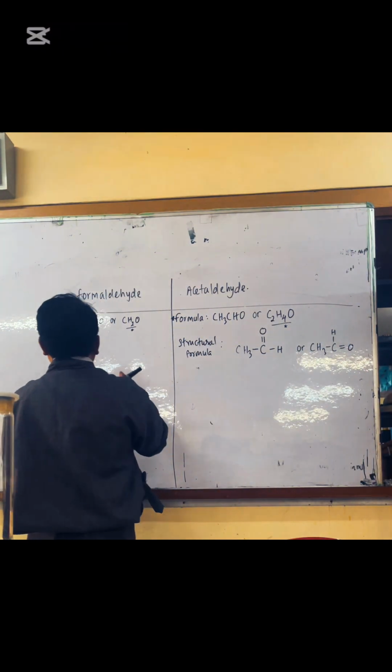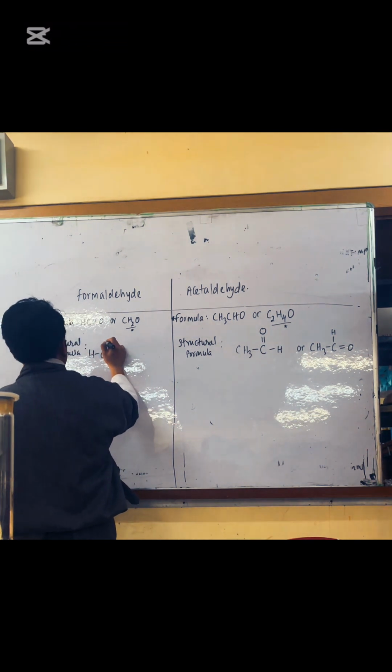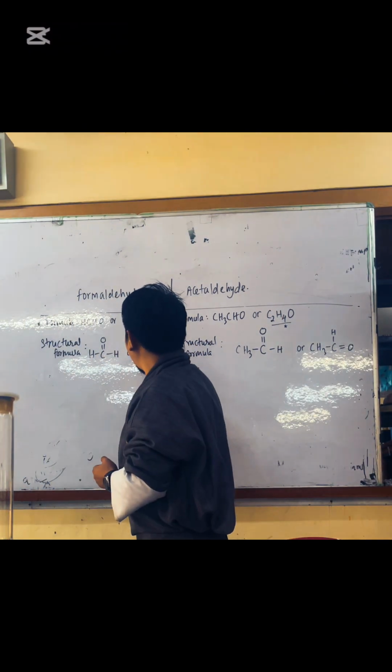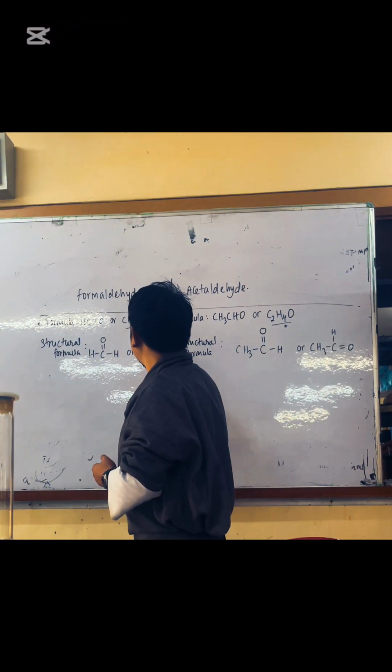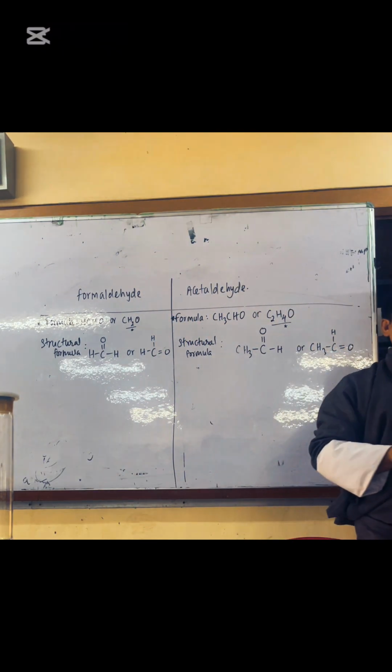Similarly, for formaldehyde, the formula is HCOH, same like this, or you can write H here and then a double bond here. Both of these formulas represent the structural formula of formaldehyde and acetaldehyde.